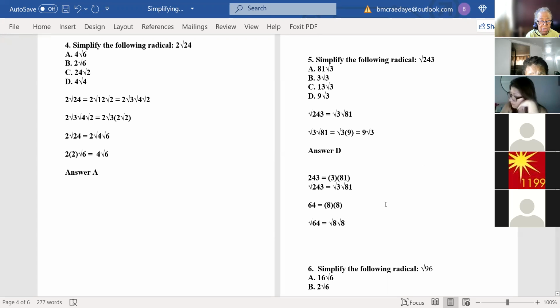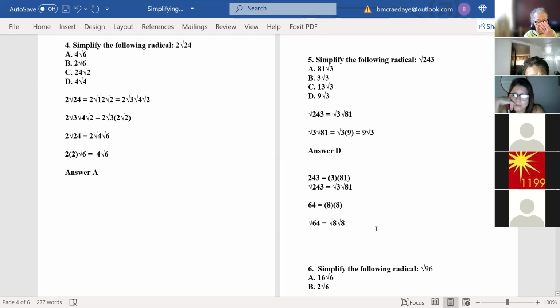Yes. The only difference is this one does not have radicals and this one does, but it's the same factors. This is one that has a perfect square root. So square root of 64 is square root of 8 times square root of 8.